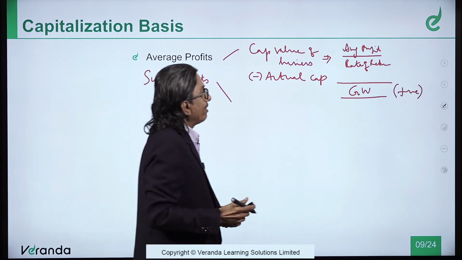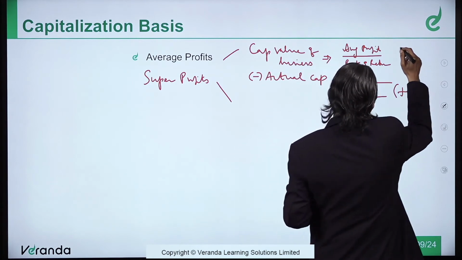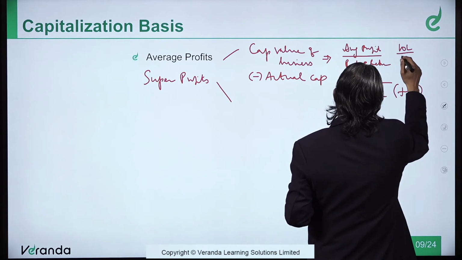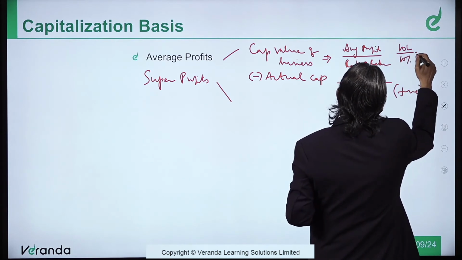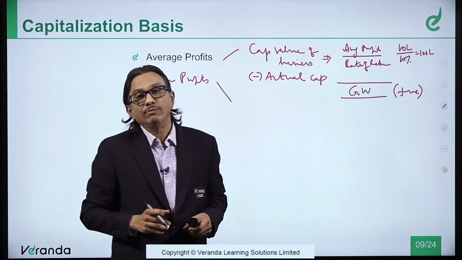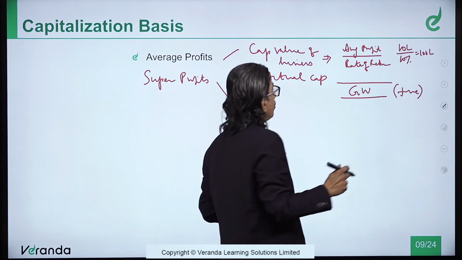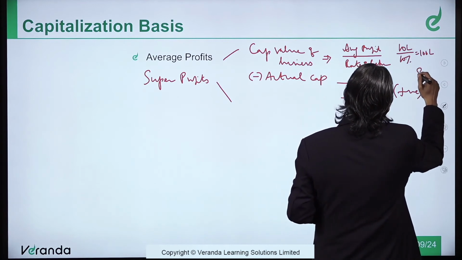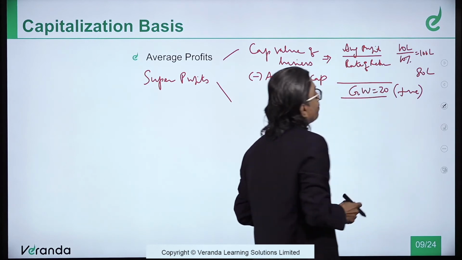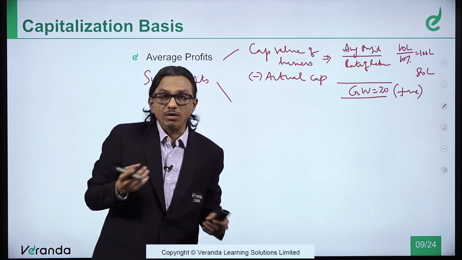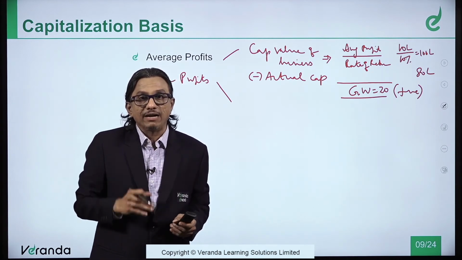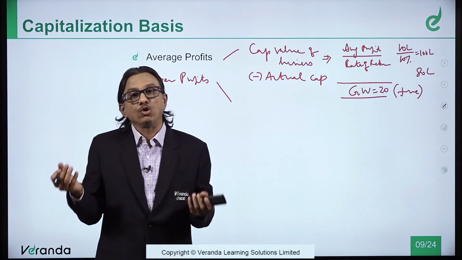For example, if average profit is 10 lakhs, rate is 10%, it will be 100 lakhs is the capitalized value. Suppose if actual capital is 80 lakhs, then goodwill equal to 20 positive. On the contrary, suppose if capitalized value is 80, actual is 100, it is negative, then there is no goodwill.